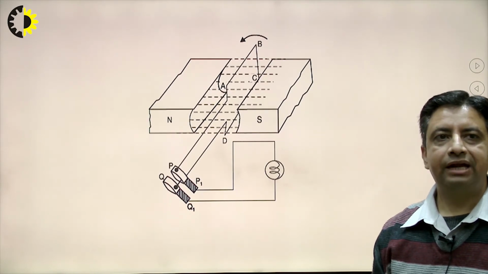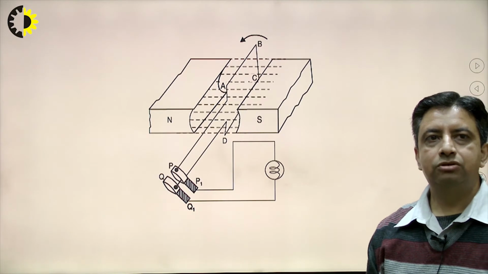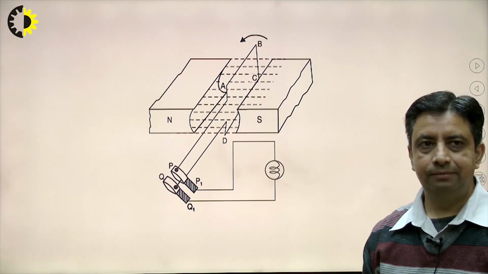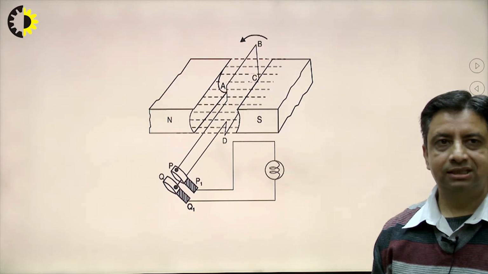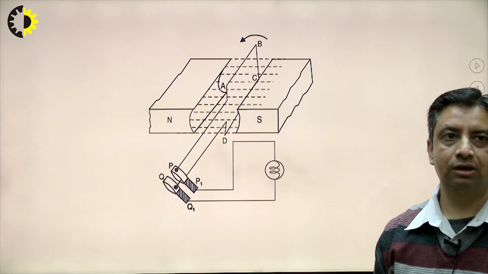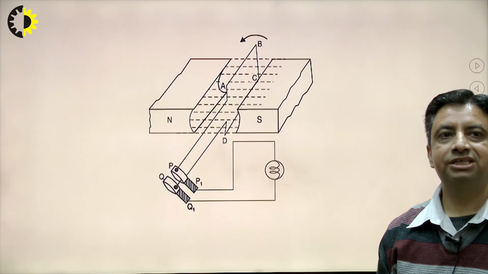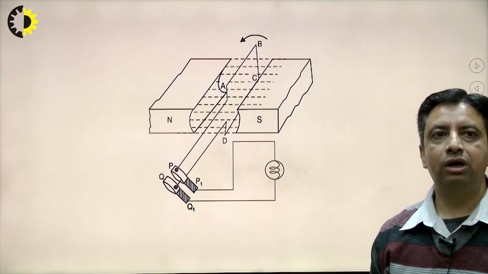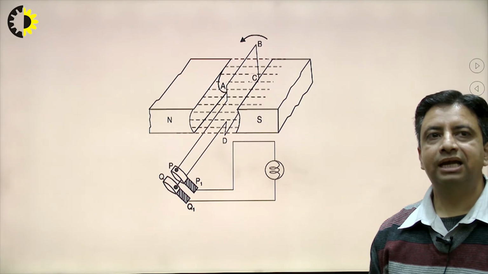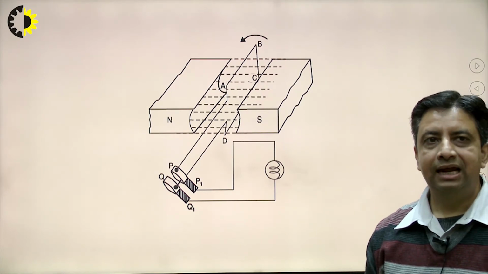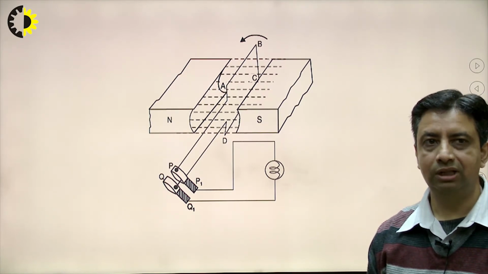According to Faraday's law of electromagnetic induction, due to the rate of change of flux, the EMF will be induced in the coil. For simplification, we have considered only one coil, and there are two coil sides: AB is one coil side and CD is the other coil side.